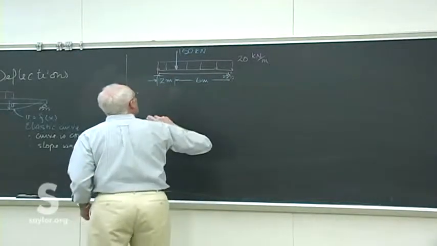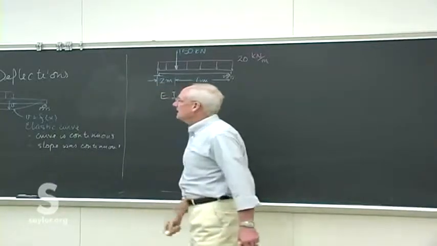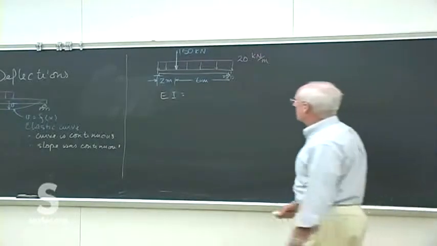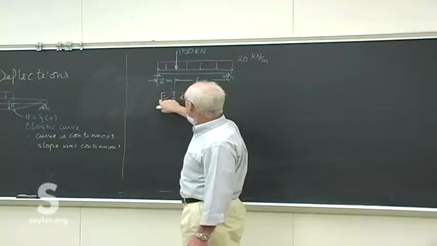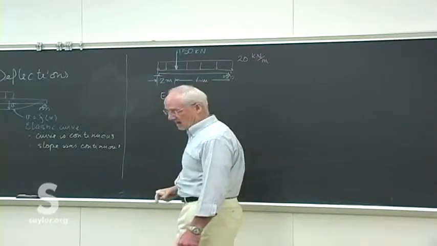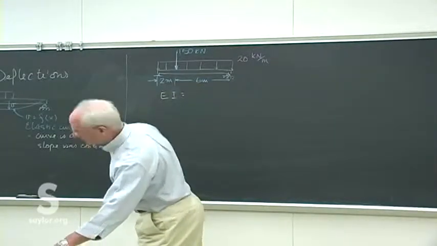You'll remember one of the terms that appears very often in these, and you can see it all over the place on the chart here, this EI. That's the modulus of elasticity, whatever the material of the beam is, determines that, and then I is the cross-sectional moment of inertia of the beam itself.